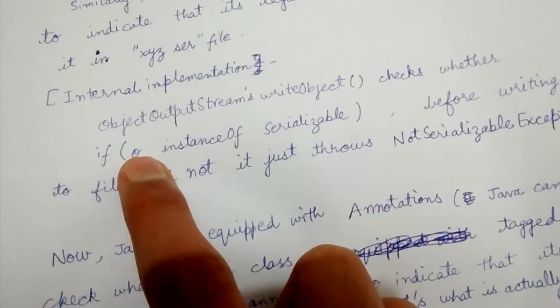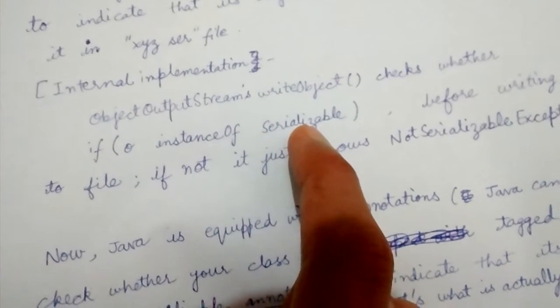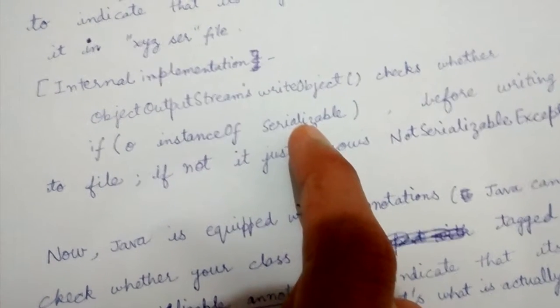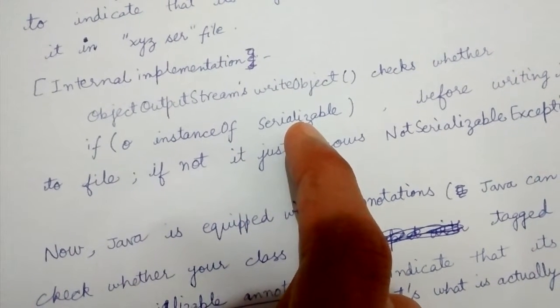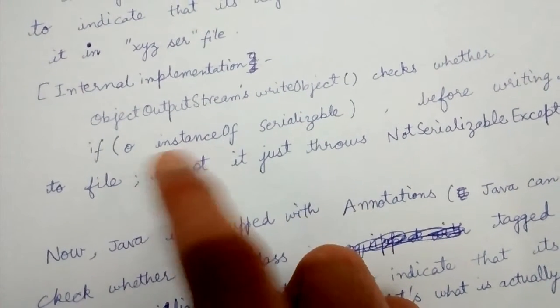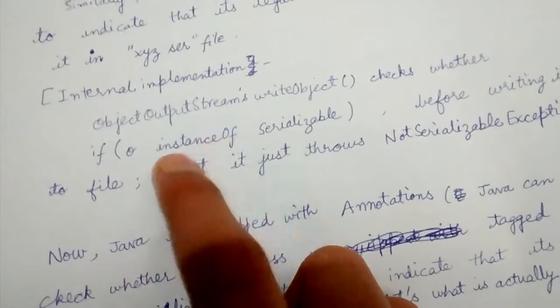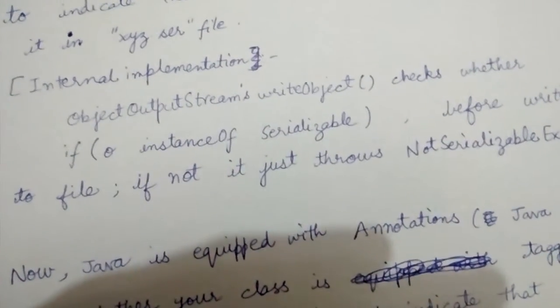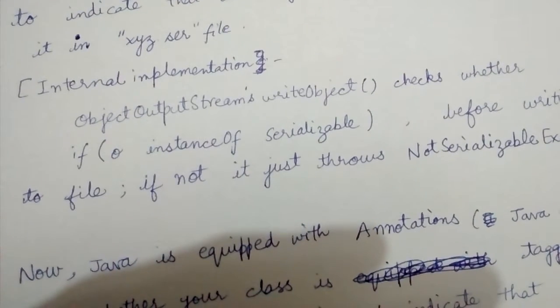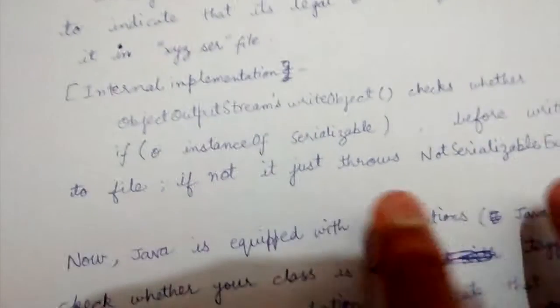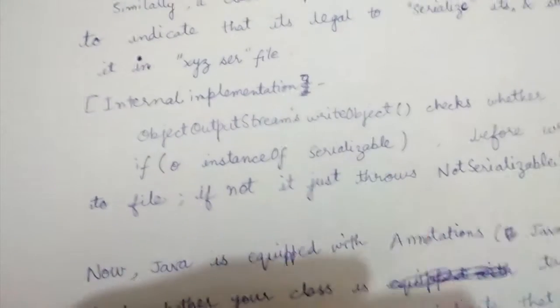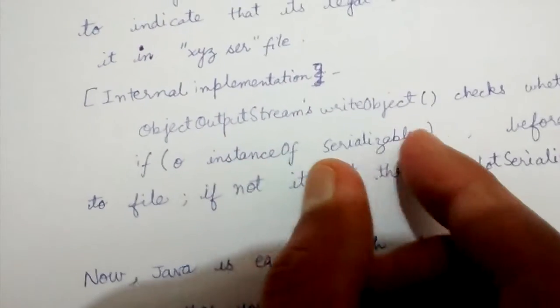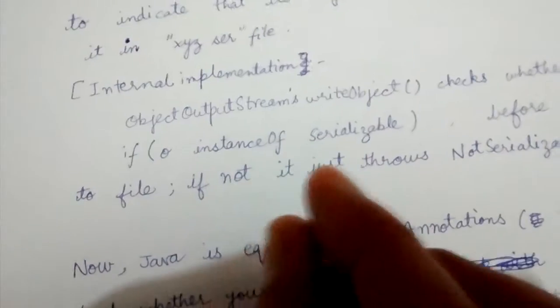If my class is not implementing Serializable, that means it is not legal to serialize my class's objects. So this is like a pass for my class to get serialized. Okay, I hope you understand this. This is like a marker or a tag. Implementing Serializable acts as a tag to my class.